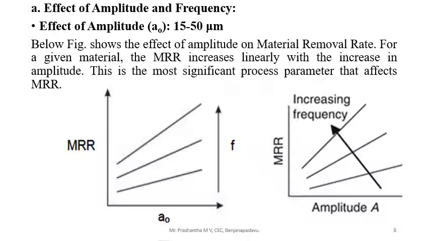Here the material removal rate or cutting rate increases with increase in both amplitude and frequency of vibration of the tool. Look at the diagram. Here as amplitude increases and frequency also increases, the material removal rate also increases. So it indicates the cutting rate or material removal rate increases with increase in both amplitude and frequency of vibration of the tool.